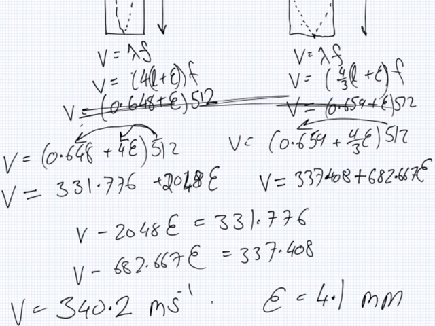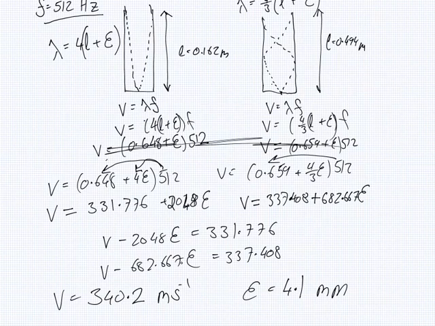This is B5, part A. Can you zoom out? 340 and 0.001. I got the exact answers? Sweet. Yeah, it's 4.1 millimeters.